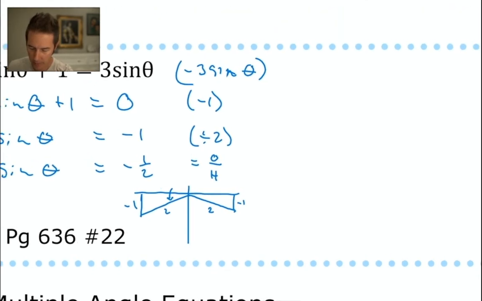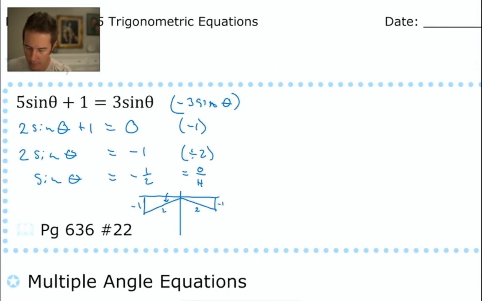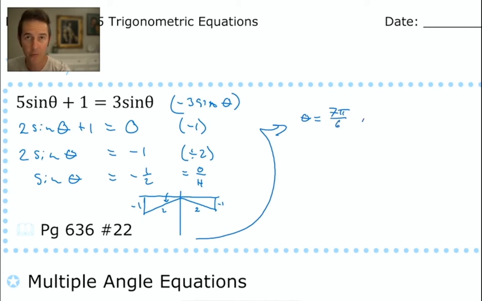So my first theta value that's in the 3rd quadrant, I'm going to continue doing my work over here. That first theta value is a 7 pi over 6. And the second one, all the way into the 4th quadrant, almost all the way around, it's pi over 6 short of a full rotation. Right, we've gone almost all the way around there, which makes that 11 pi over 6.